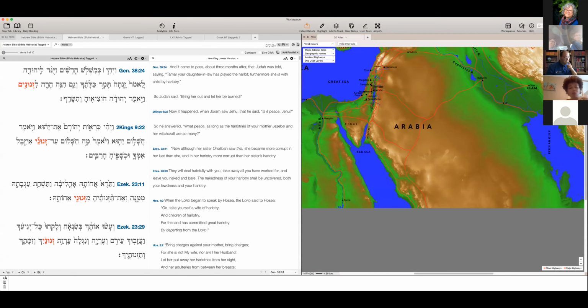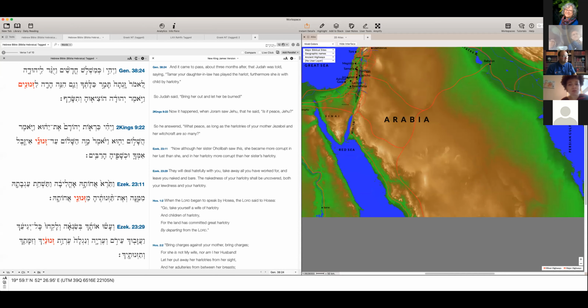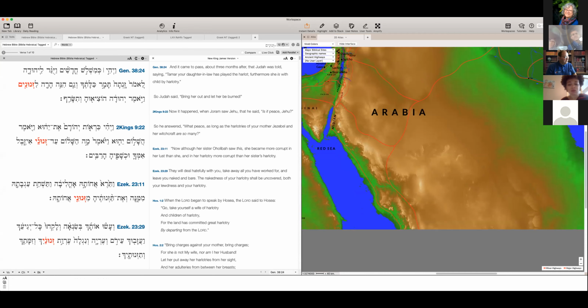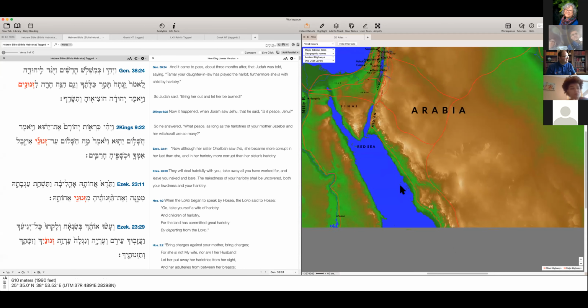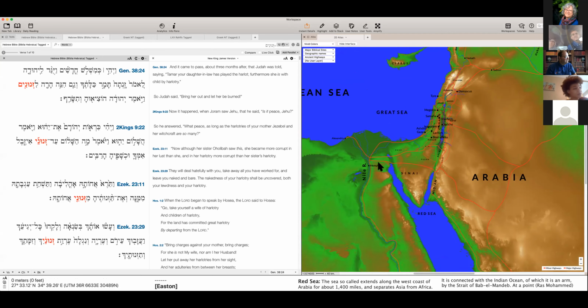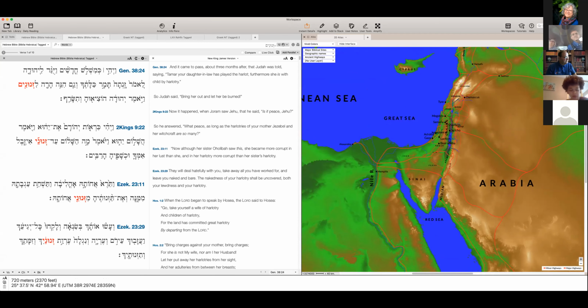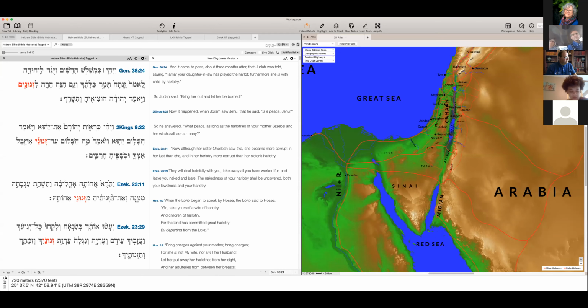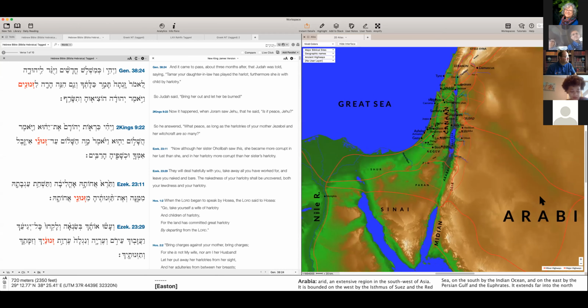Okay, this is where we are, our little map. Let me move it and enlarge it.